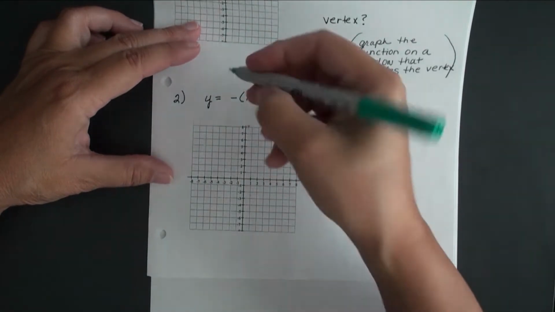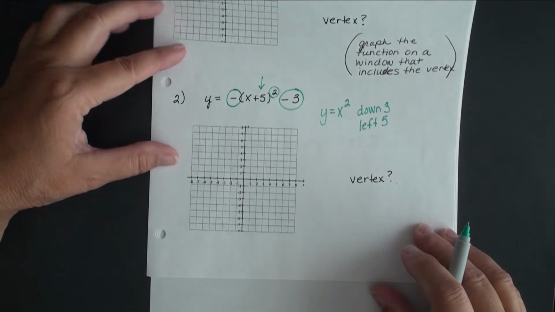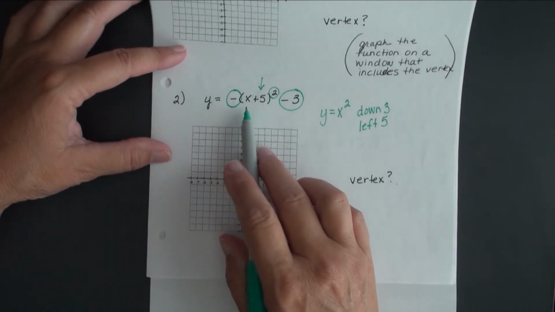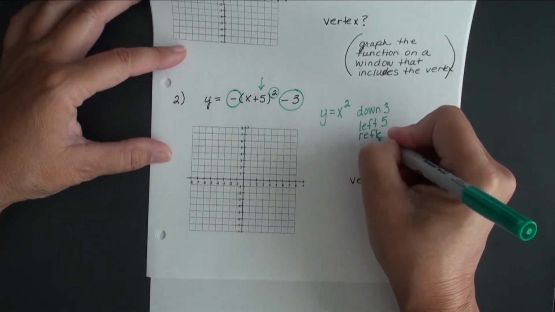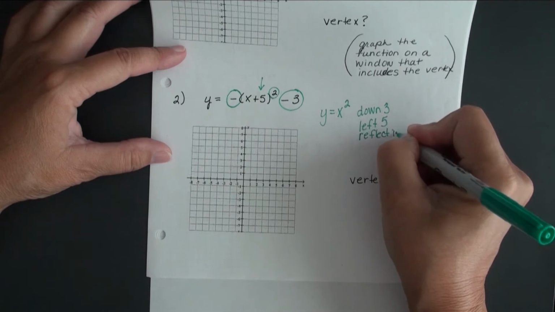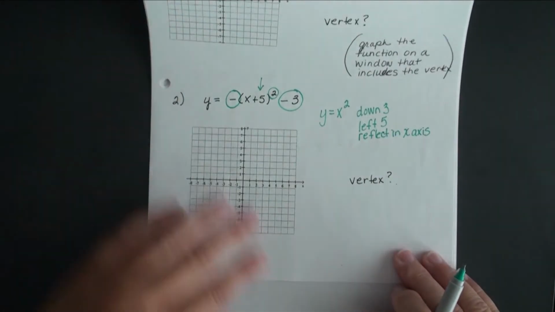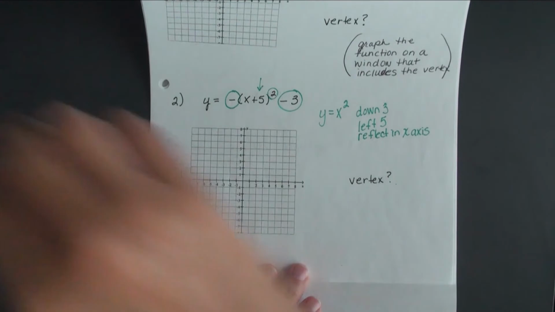Now I also have to take into consideration the negative in front of the whole equation. And a negative in front of the whole equation says we are going to reflect in the x-axis. So that's all the information I need to be able to graph my new function.